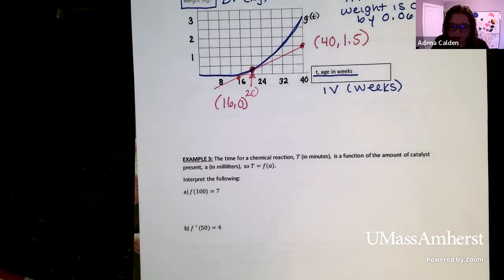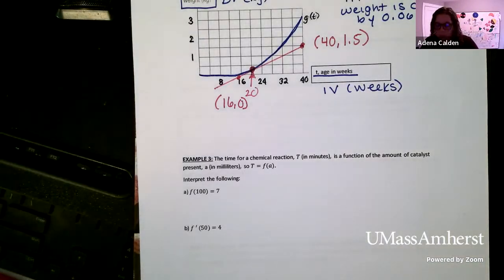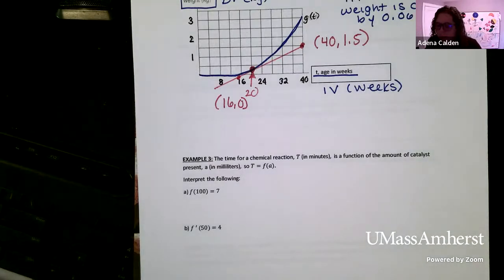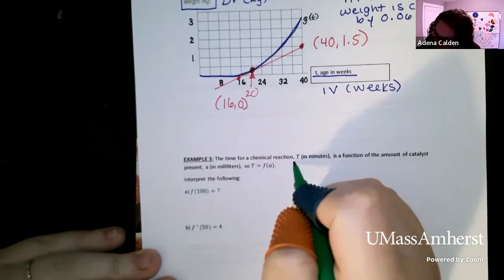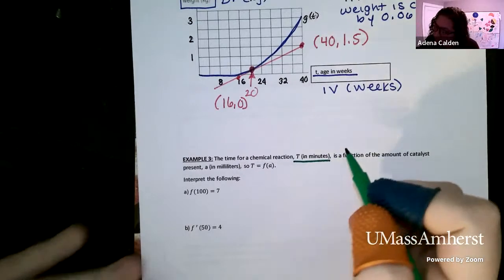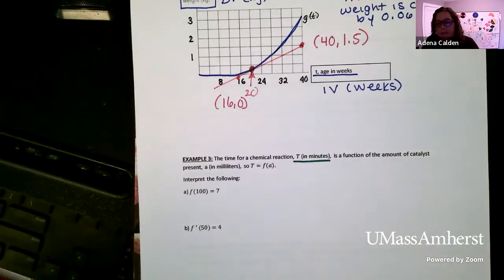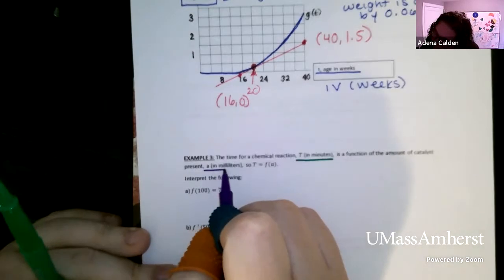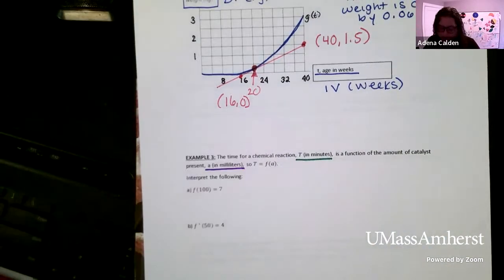All right. So let's start by looking at the units that are given to us within the setup here. So we have capital T, time in minutes, and then lowercase a, which is catalyst in milliliters.